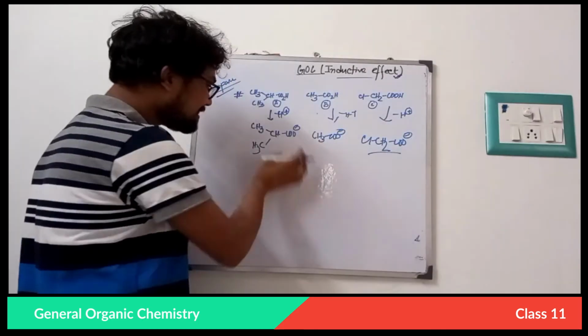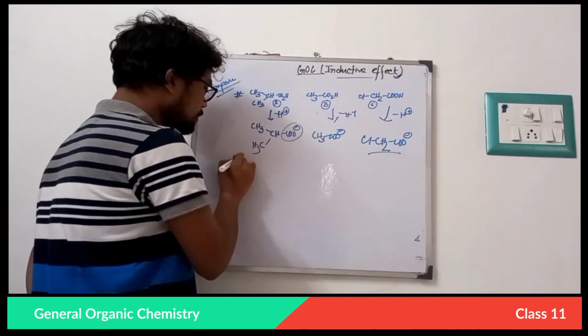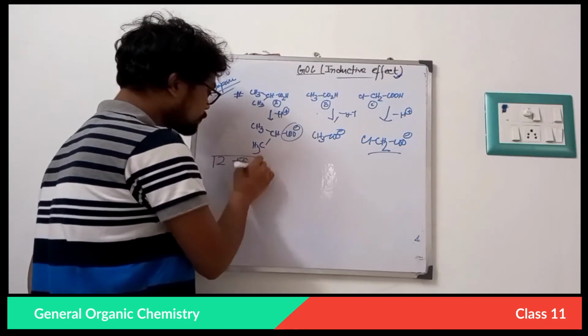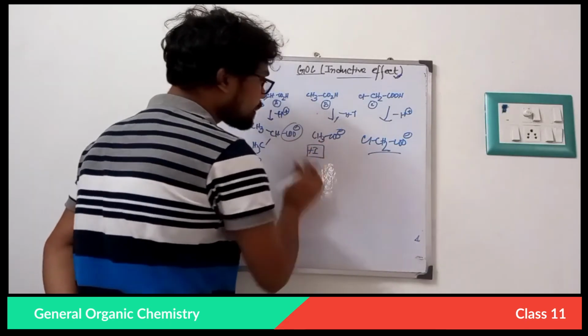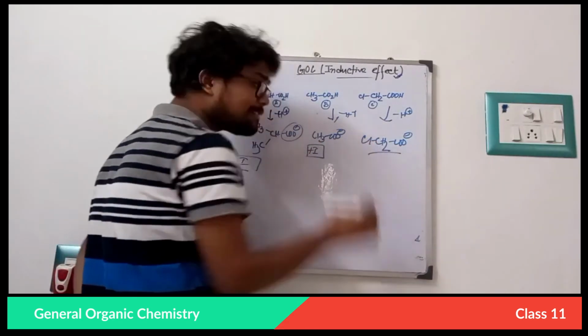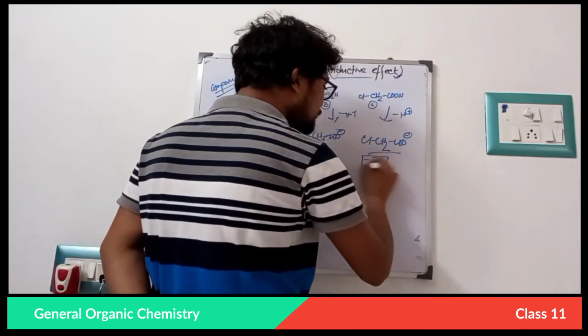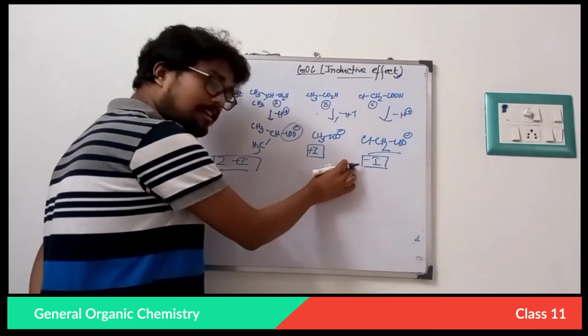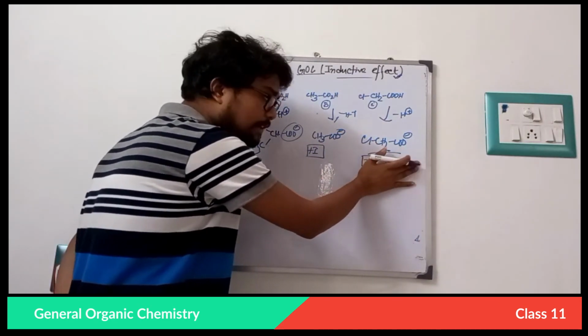So in this case, this anion has 2 plus I effect, and in this case 1 plus I effect. And we know that chlorine is an electronegative atom, so chlorine has a minus I effect. I told you that the minus I effect stabilizes the anion or negatively charged species.